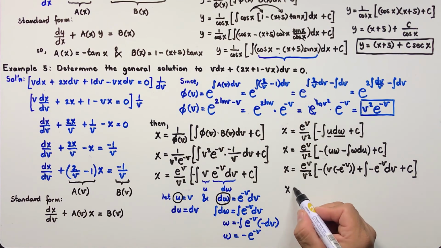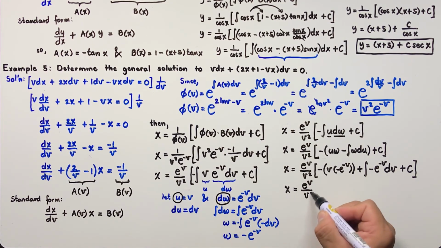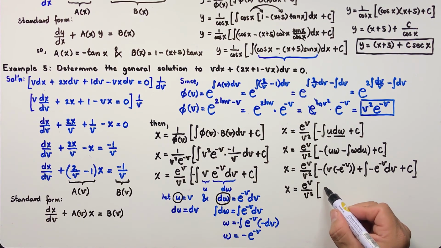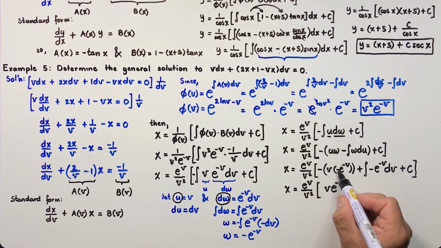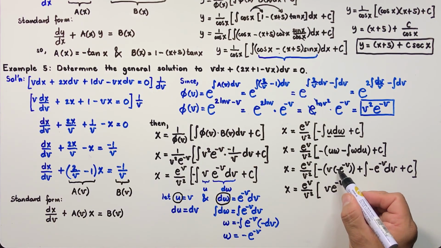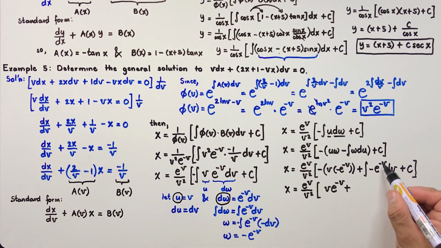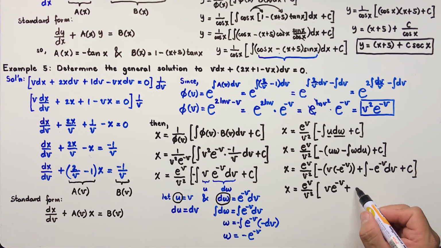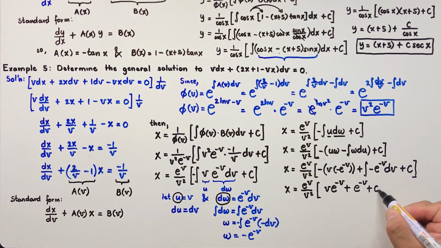So x is equal to e to the power v over v squared times the quantity of v e to the power negative v, because the negative of the negative is positive, and this is added to the integral of e to the power negative v times negative dv, which is e to the negative v, plus the constant of integration c.